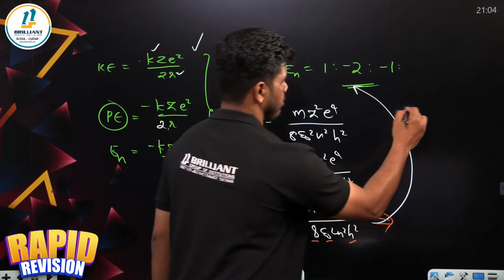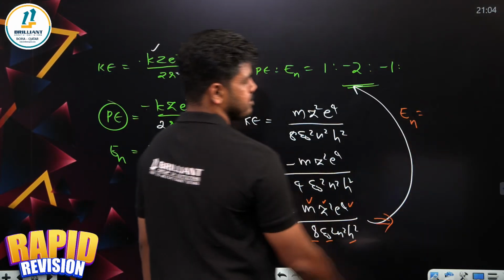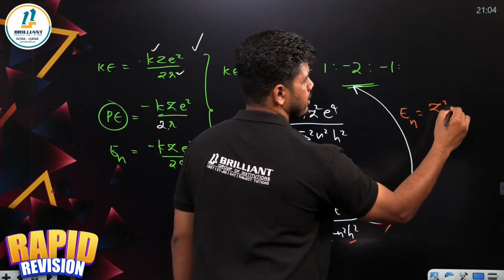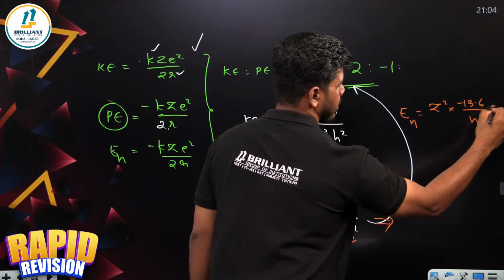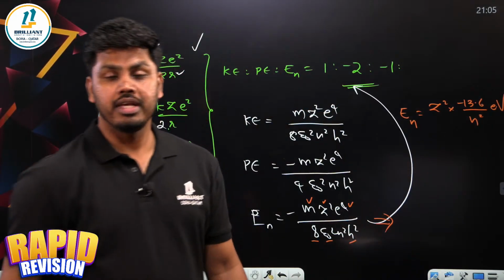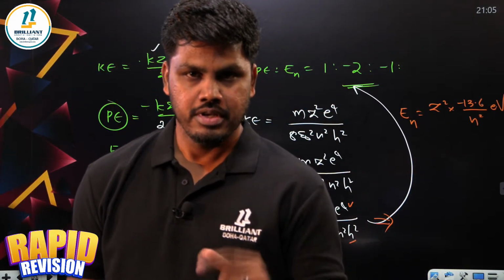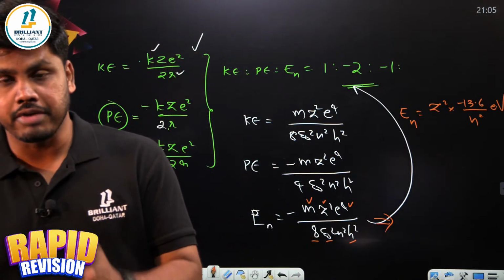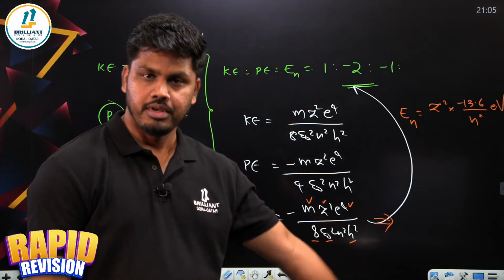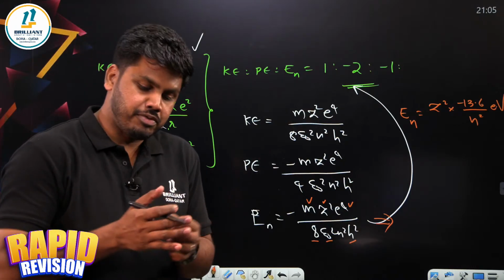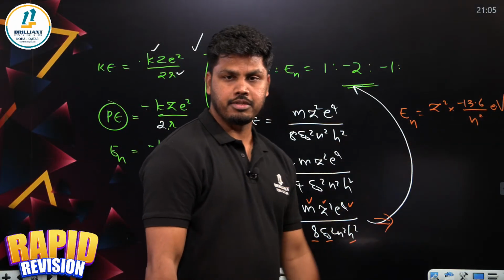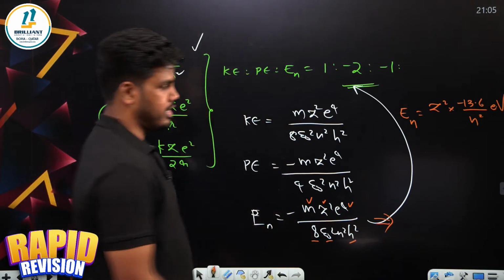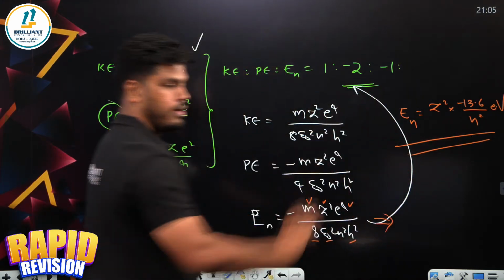So we simplified all those constants and got En is equal to Z square into minus 13.6 divided by n square eV. We retained only Z and n in that equation because Z will be different for different atoms and n will be different for different orbits in a single atom itself. So Z square by n square, everything else simplified into minus 13.6 electron volt. That is how we got this equation.